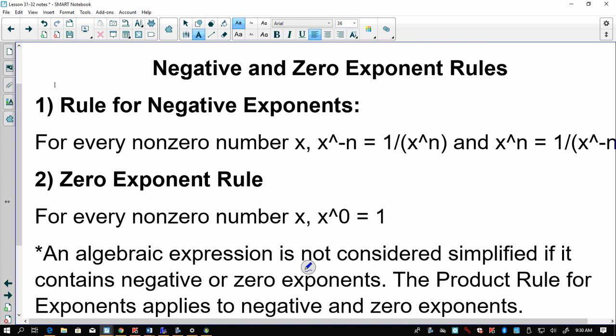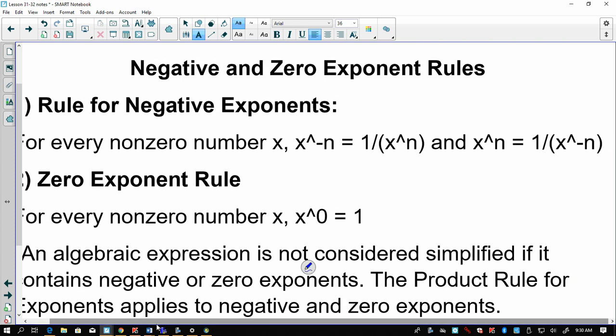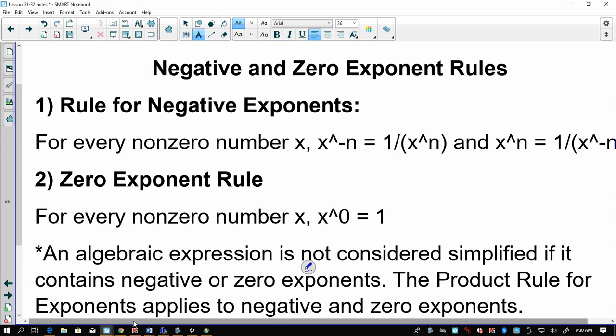And let me slide it over so I can still see it. If we had x to a positive exponent, that would really be equivalent to 1 over that number to the negative exponent, which we wouldn't normally do. The zero exponent rule is that whatever number I'm taking to the power of 0 will always equal 1.